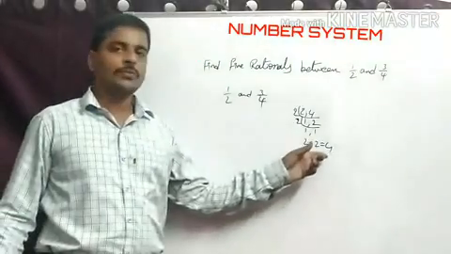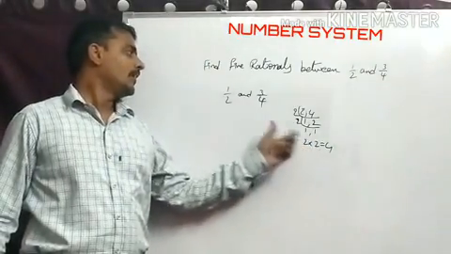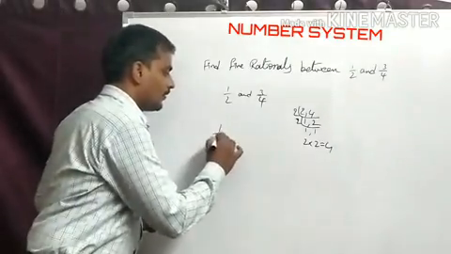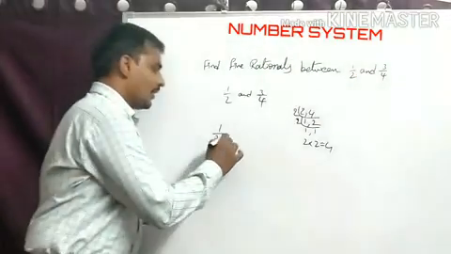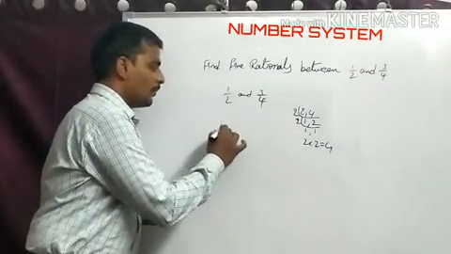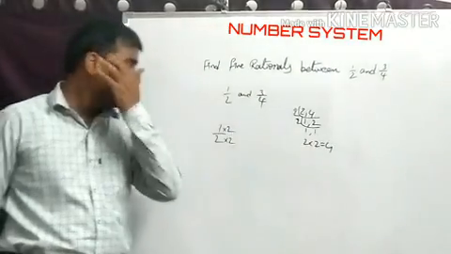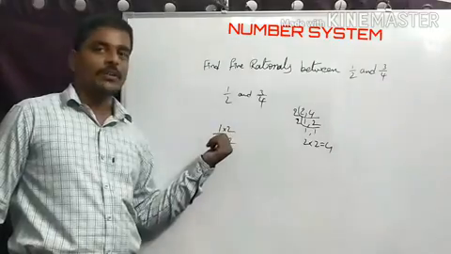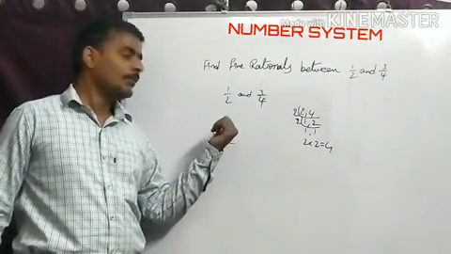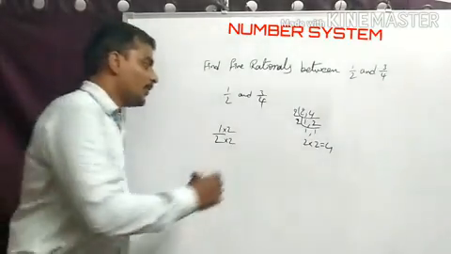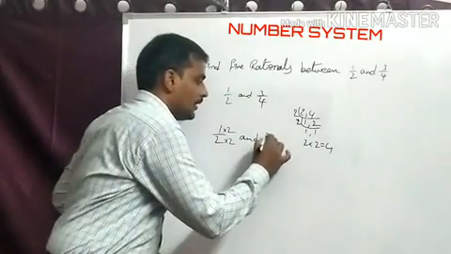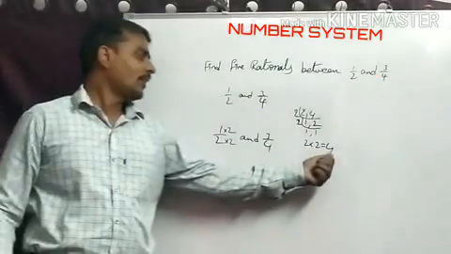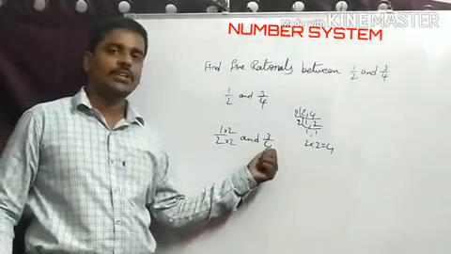So when the LCM is 4, we have to bring that LCM value to the denominators of the fractions. To get the LCM value here, we have to multiply and divide with 2. Why do we multiply and divide with 2? The fraction rule is that whatever value we multiply to the denominator, the same value is multiplied to the numerator also. In 3 by 4, there is no need to multiply because the LCM value is already in the place of the denominator.